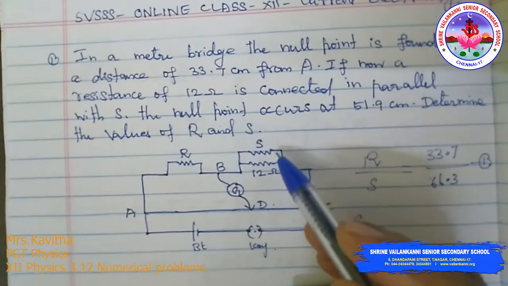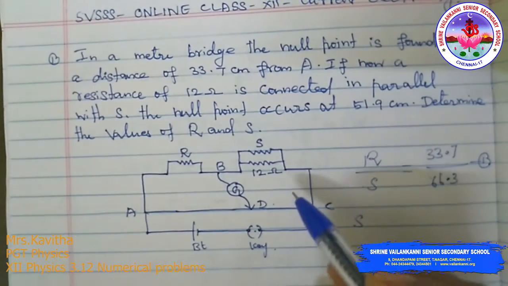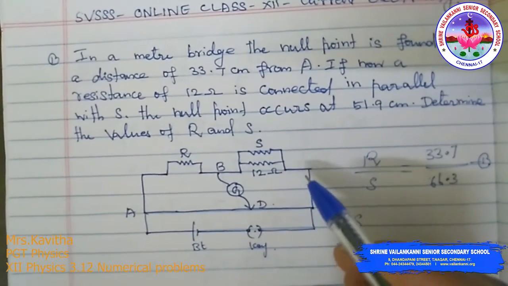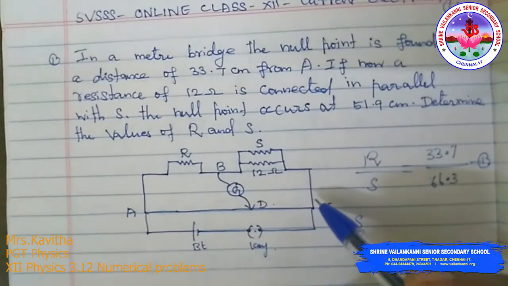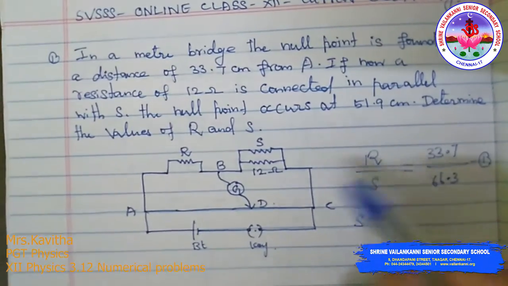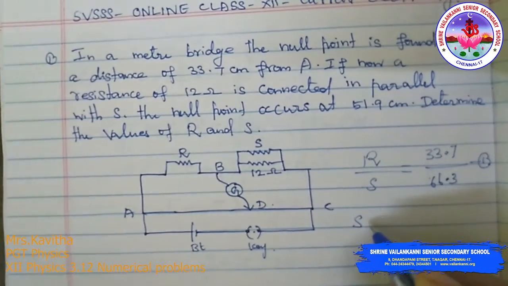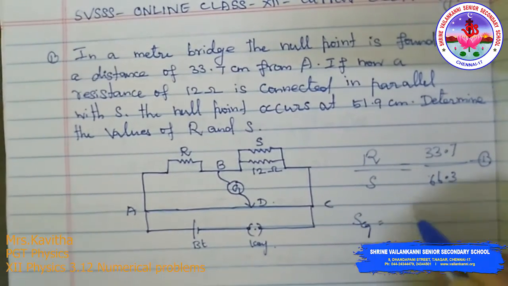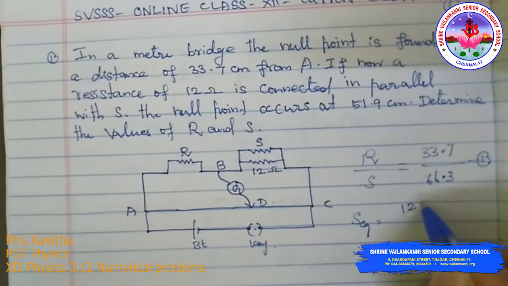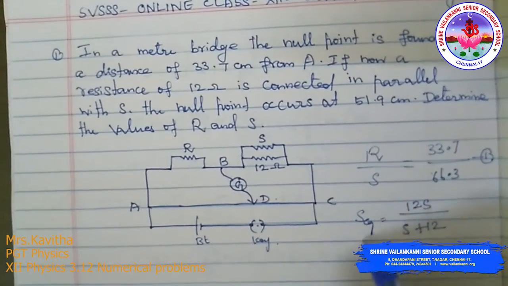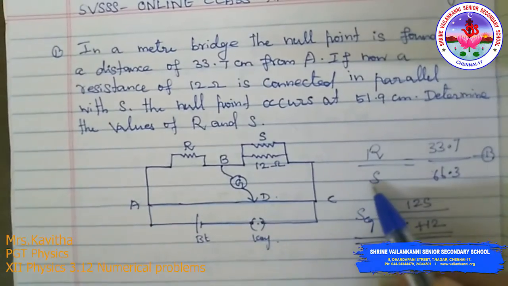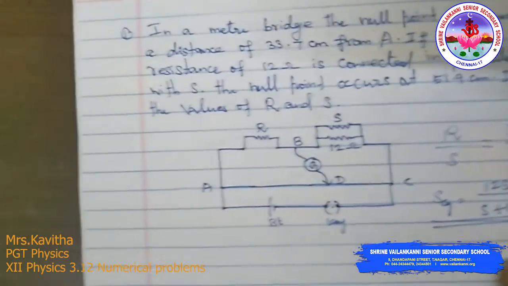So 1 by S plus 1 by 12 we have to take. For that, 1 by R equals 1 by R1 plus 1 by R2, which is equal to R1 R2 by R1 plus R2. So that parallel formula we can use. So equivalent is equal to 12 into S by S plus 12.